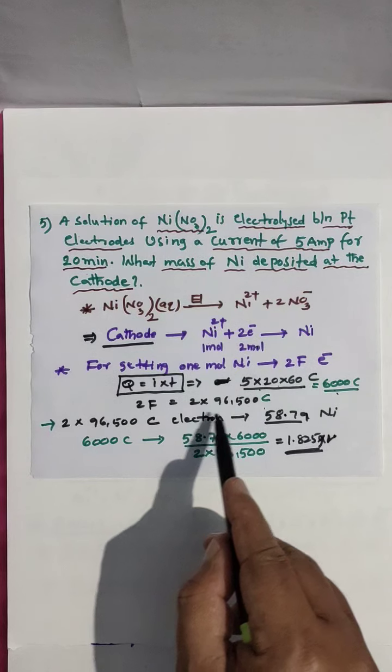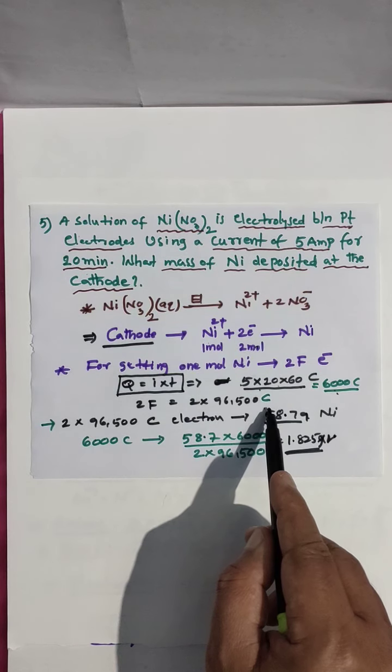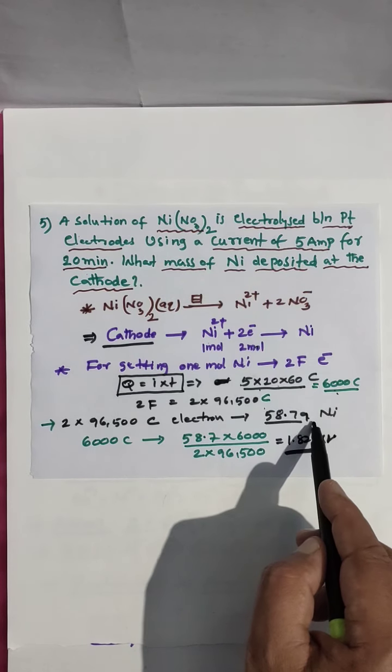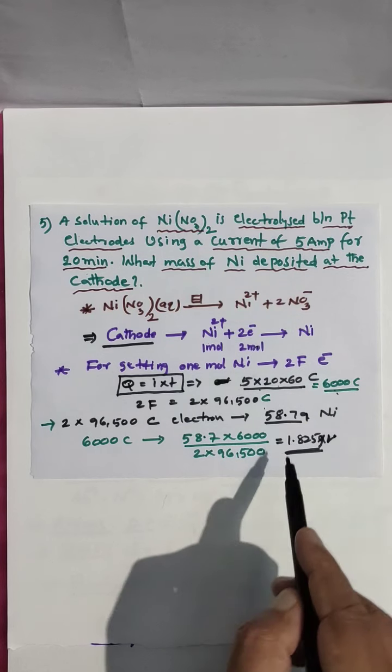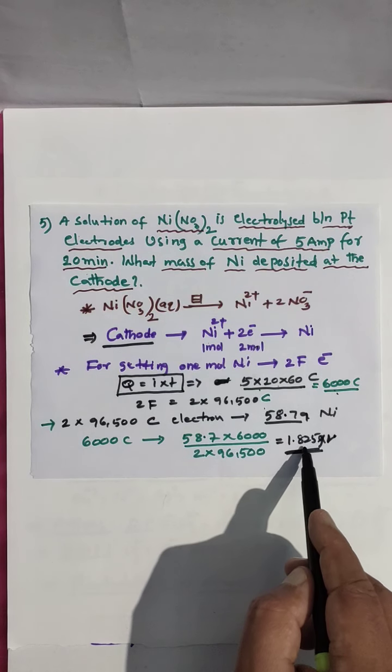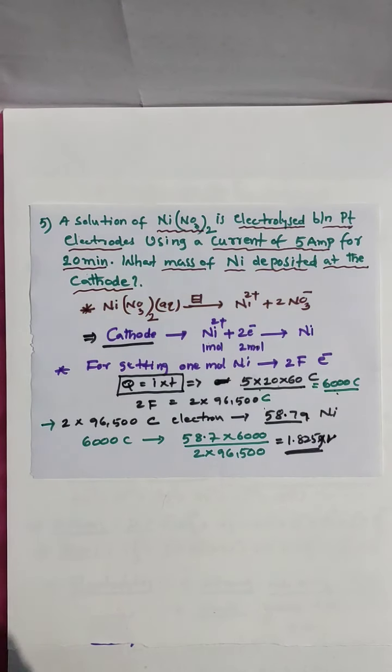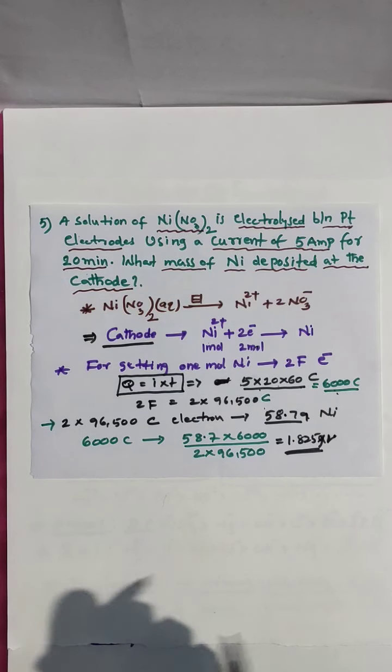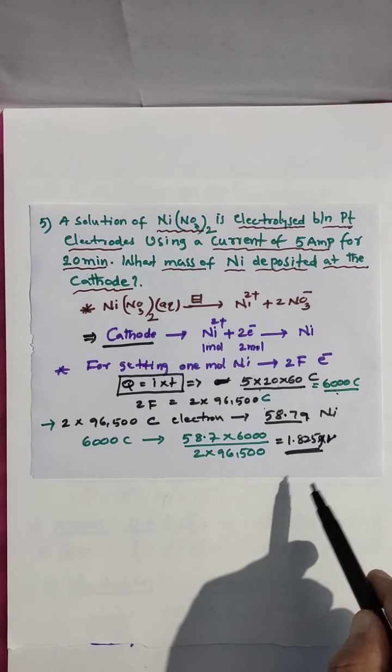So for 2 into 96,500 coulombs we get 58.7 grams, and for 6,000 coulombs you get 1.825 grams. So this is the numerical we have in our NCERT book. This much you have to get.